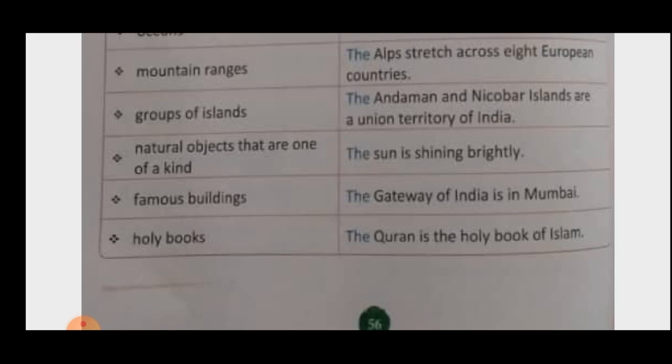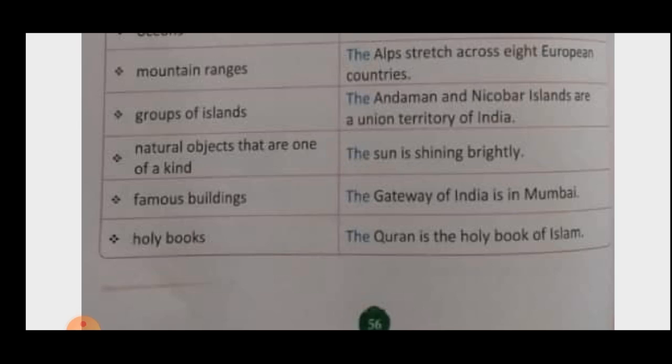When the thing has much importance, it is very famous, like seas, oceans, rivers and buildings, and holy books, these things are very important and are very famous and are only one of their kind. For that we use the as article before the name of that noun.